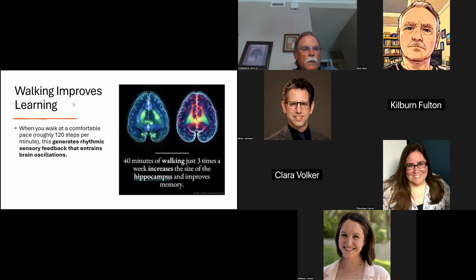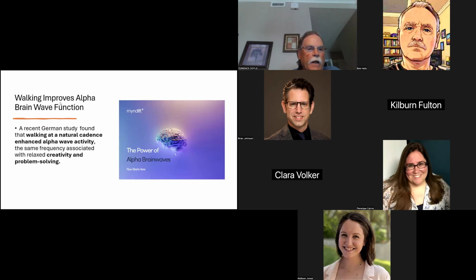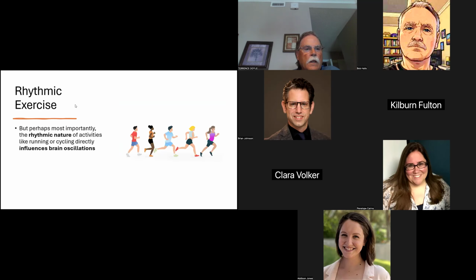For example, studies have shown that when we walk at a comfortable pace, we generate a rhythm that creates a sensory feedback that engages our brain waves. A German study found that walking at this natural cadence actually enhanced alpha wave production. And the rhythmic nature of our exercise, whether it's running or cycling, also has a positive influence on brain oscillation.